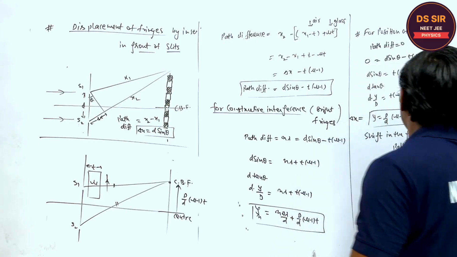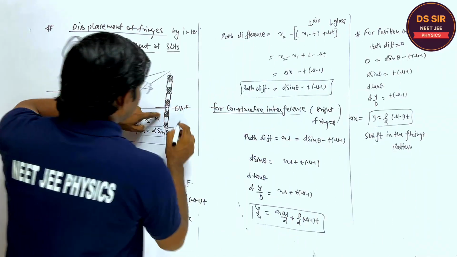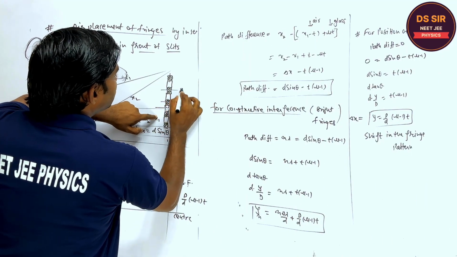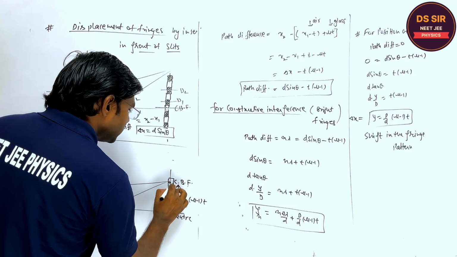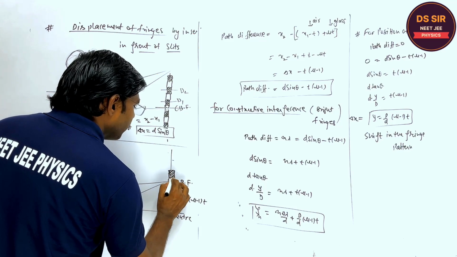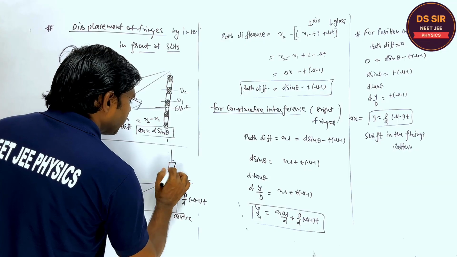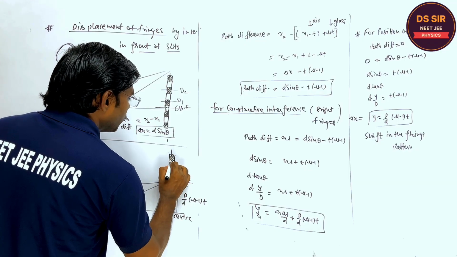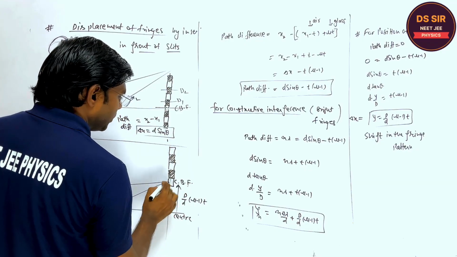Listen, this is d1, this is d2. Now this is the central bright fringe, and this is b1, this is b2.